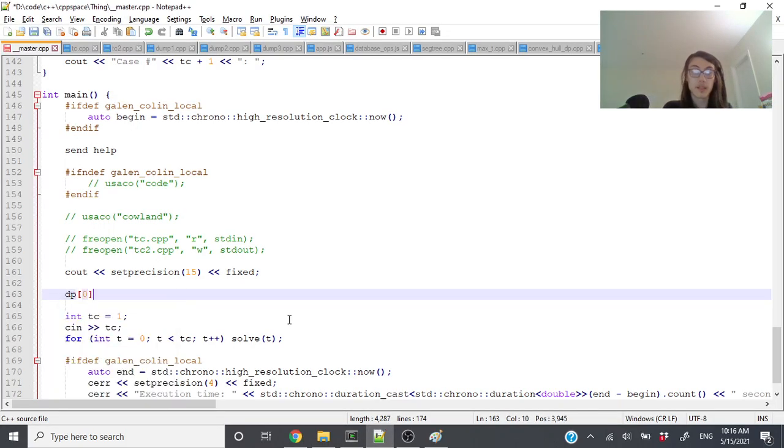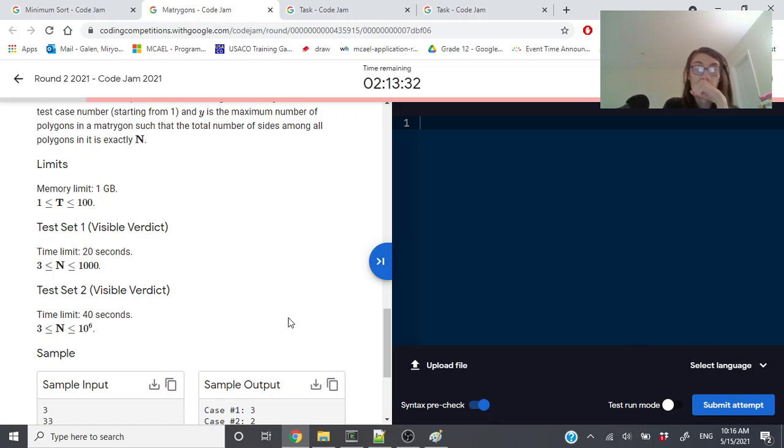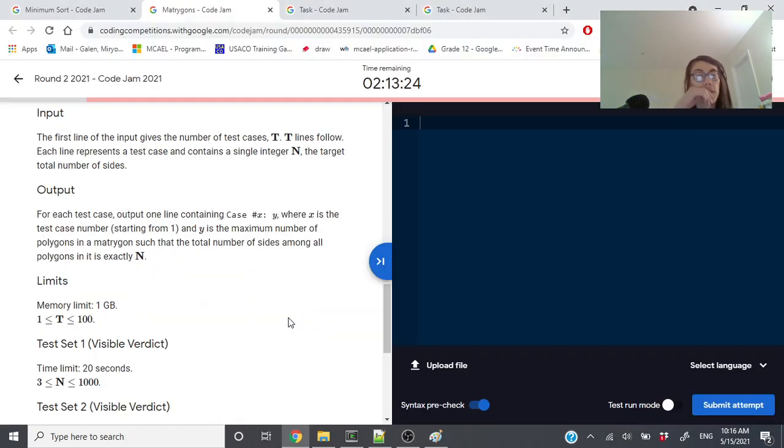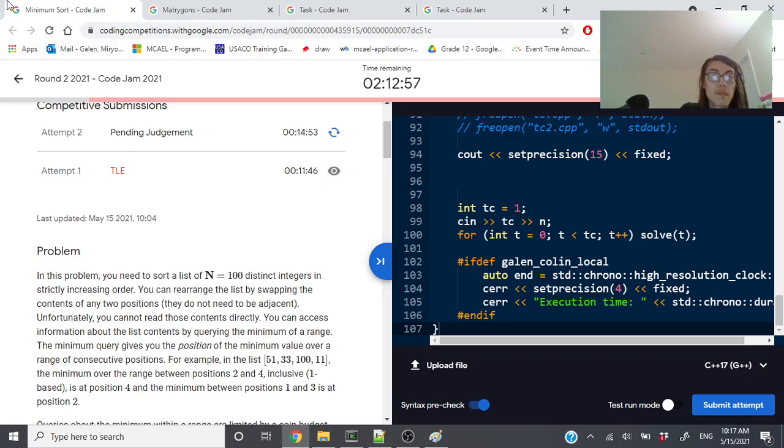So dp 0 is equal to 0. Alright, now for... Actually, wait, what do we iterate divisors over? Actually, wait, I don't know if it's that simple. Maybe it's not that simple.